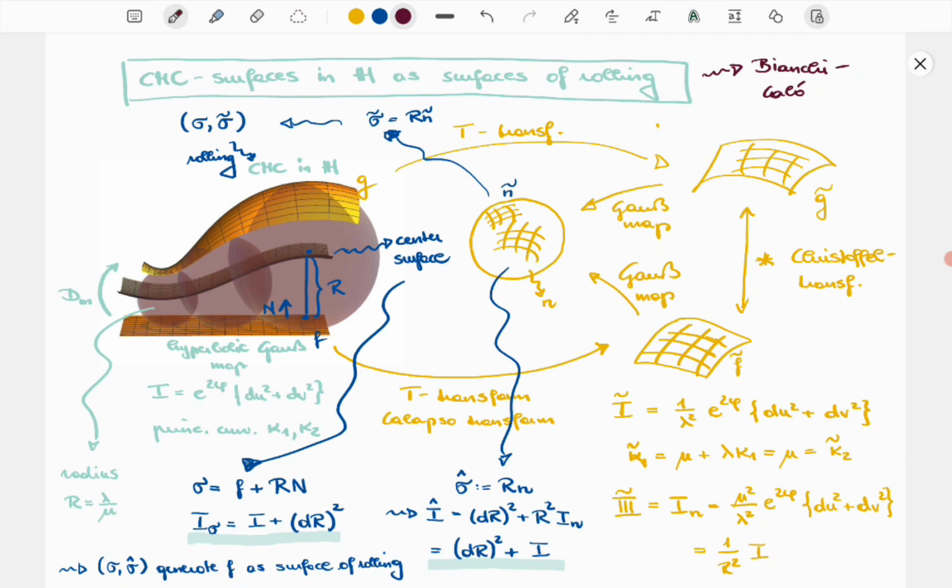So in general, this gives you the same CMC surfaces in hyperbolic space, but for different parametrization and not related to a Darboux pair as we have it here.